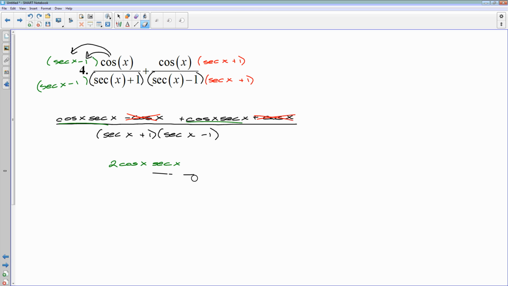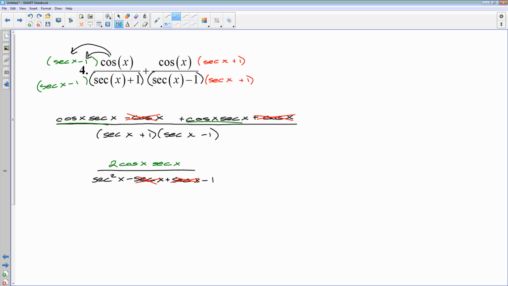Not a whole lot you can do, but I can multiply it out. That gives me secant times secant, which is secant squared. Secant times negative 1. 1 times secant. And 1 times negative 1. And I look down here, and I can cancel these also. Negative secant times positive secant.